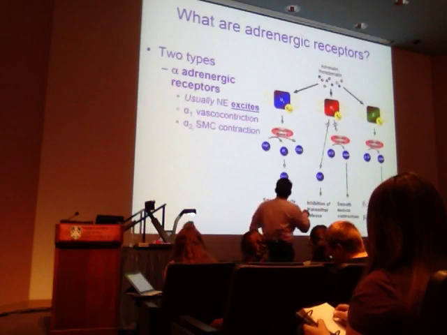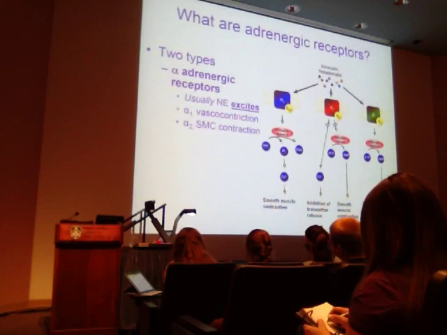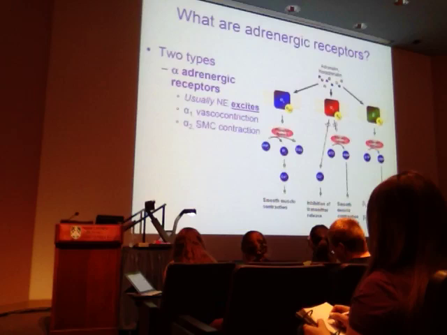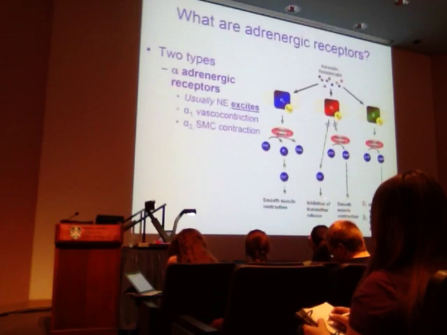This one is going to cause vasoconstriction of smooth muscle down here through this phospholipase activation, releasing calcium and causing smooth muscle to contract. Alpha 2 target is this pathway. This one is actually going to stimulate smooth muscle contraction in a slightly different way.